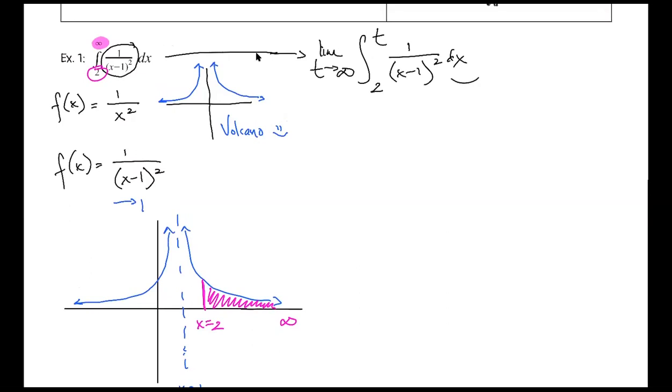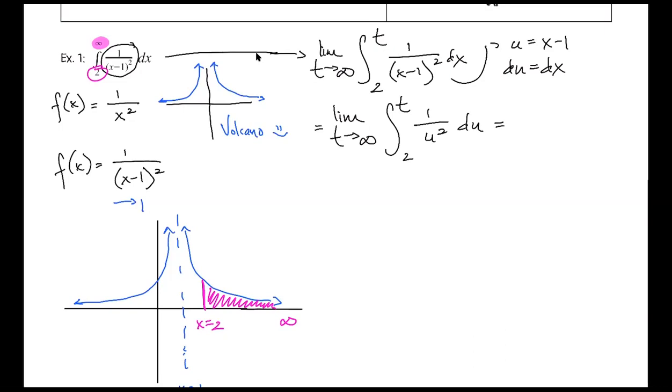I could say that u equals x minus 1, du equals dx. So really, I end up with the limit as t approaches infinity of the integral from 2 to t of 1 over u squared.